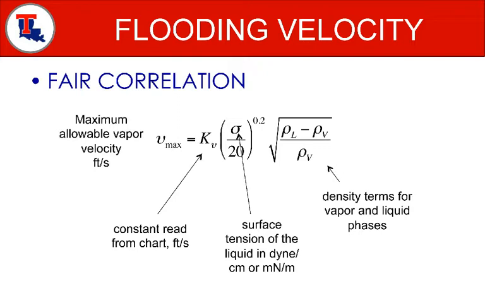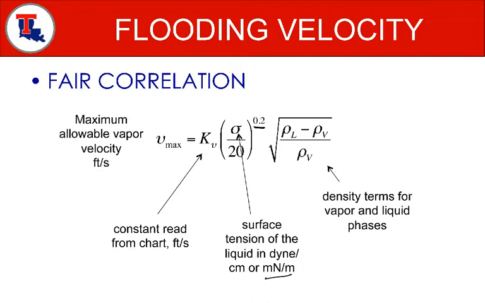Fair correlation says it's equal to some constant read from a chart. The units of that constant are feet per second. Surface tension of the liquid in dynes per centimeter or millinewtons per meter. This is divided by 20, raised to 0.2.